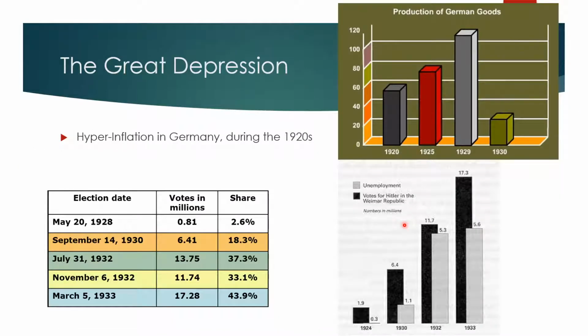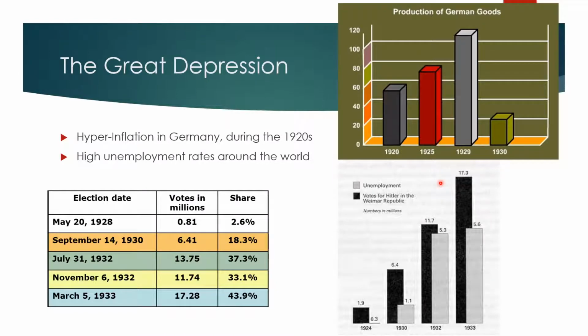The Great Depression not only affected the United States, but it also affected other countries around the world. Germany had massive inflation in the 1920s, right before the Great Depression, and then industrial output of Germany, or German production of goods, dropped dramatically after the stock market crashed in 1929.